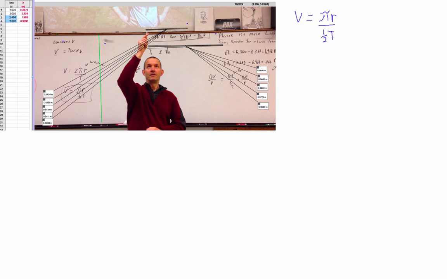Now, to get our radiuses, let's look at this value over here. So we got to figure out what R1 is, right? R1 is these guys, right? We're going to use these guys to find radius 1, so you want to average those. Okay, so R1 equals the average of this, right?